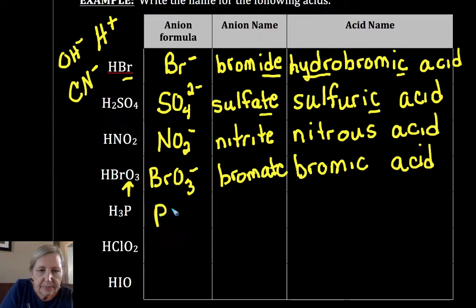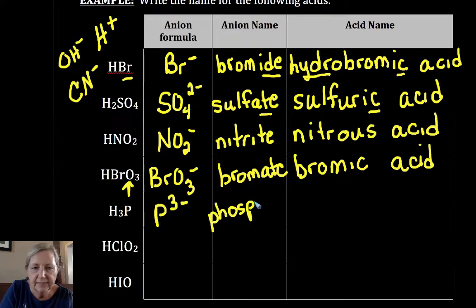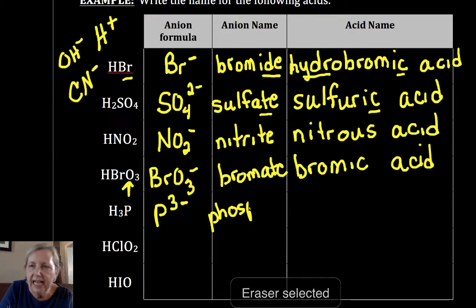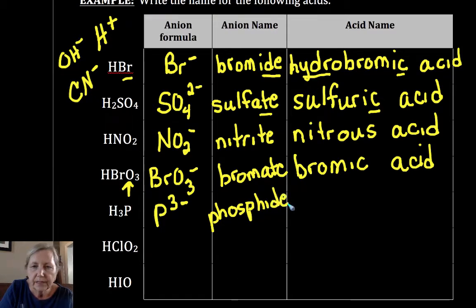Okay, this is P3 minus. That's the phosphide ion. Whoops, phosphide, ide goes to hydro. So that becomes hydrophosphoric acid.